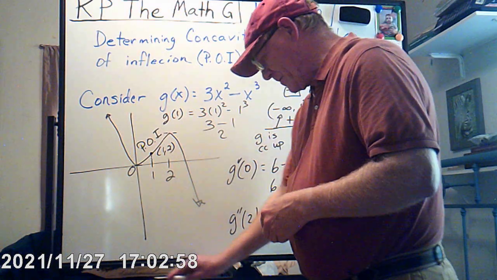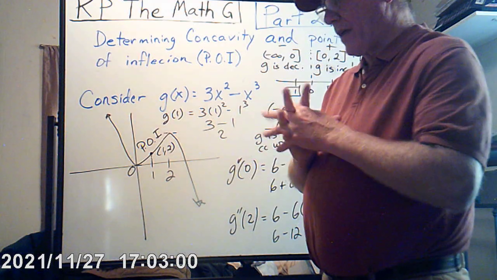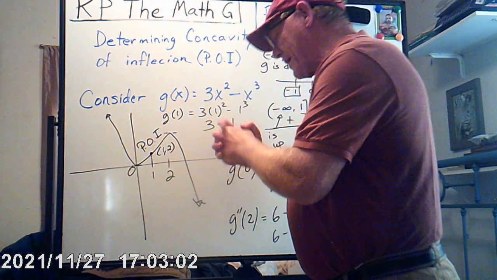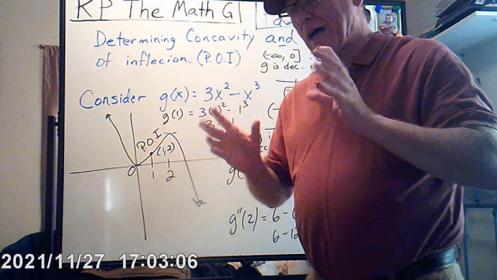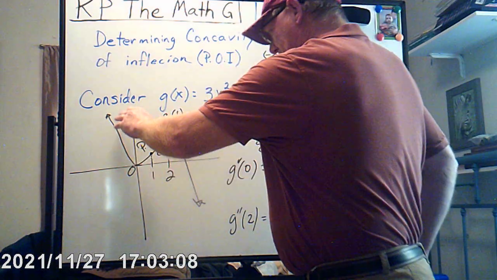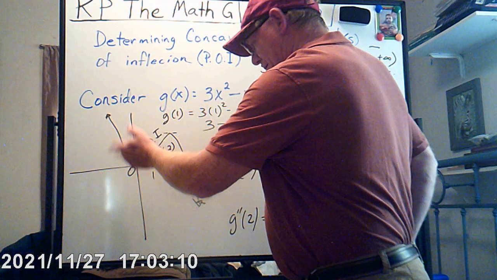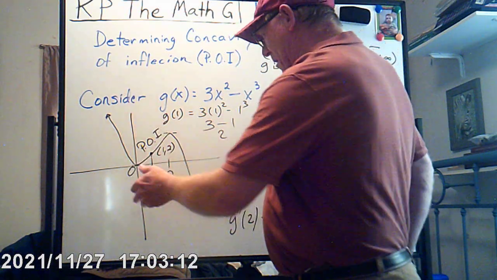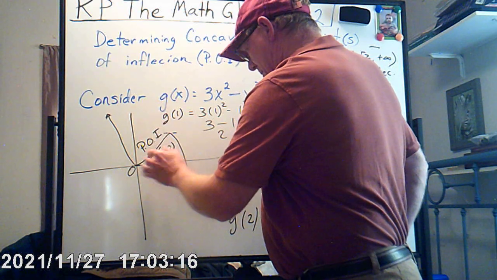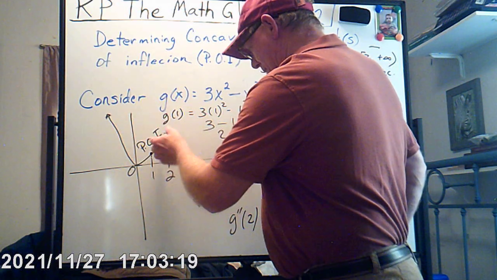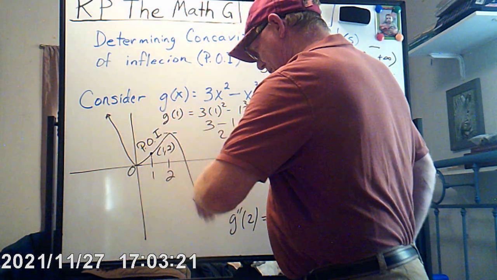And again, just understand that not everything has a point of inflection. To make sure you have a point of inflection, you must have concavity going, well, it can start off being down, but in this case it's concave up, and then concave down.